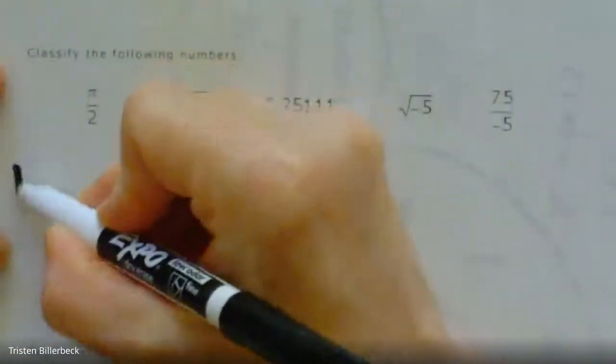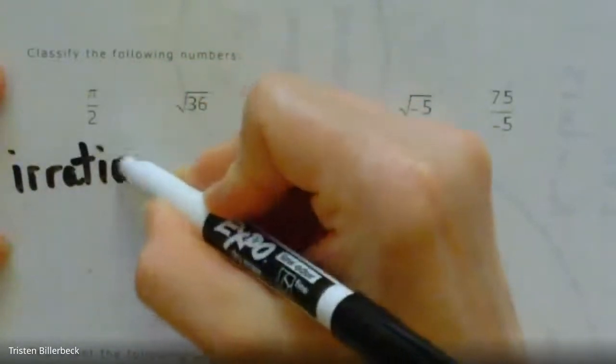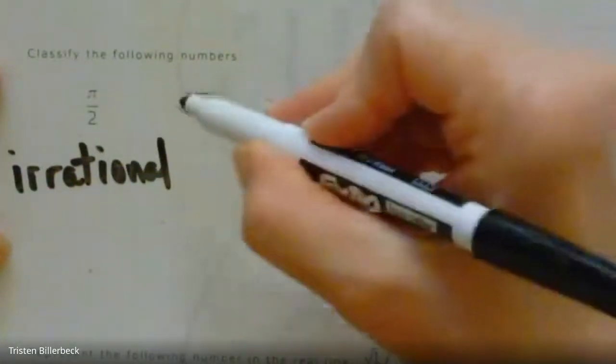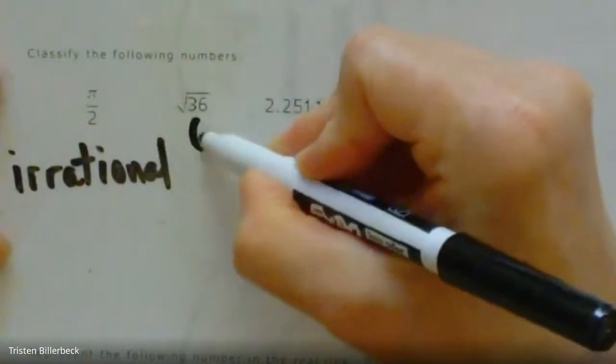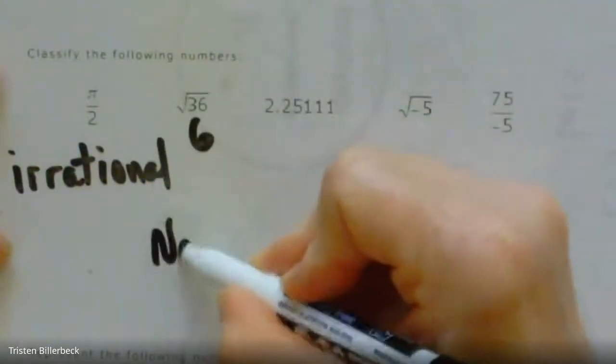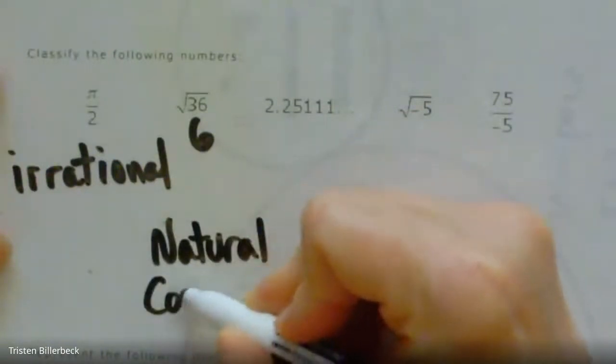Well, it has pi in it, so that means it's irrational, because pi and its multiples are irrational. This one equals 6, so the smallest set would be a natural or counting number.